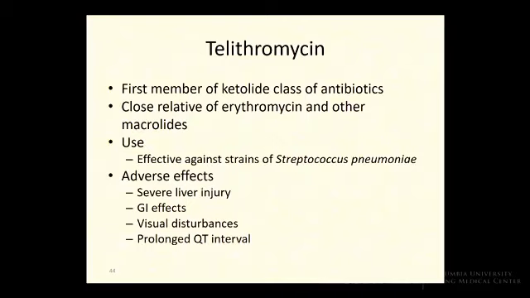It is effective against strains of Strep pneumoniae. Okay? However, it carries with it some pretty severe risks. So adverse effects can be severe liver injury, GI effects, visual disturbances, and prolonged QT interval. Okay?